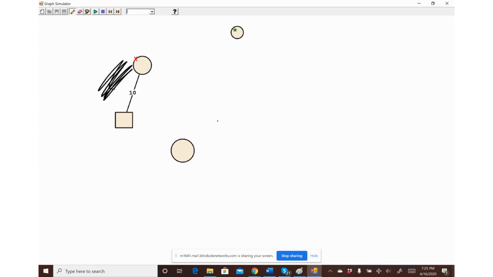Otherwise, this works beautifully. I think it's the way Sakai shares the screen. Anyway, we won't worry about that. If you really want to see how this works, just watch the video I sent the other day. I think it'll show you the idea. So I'm going to stop sharing and go back to the other thing here.